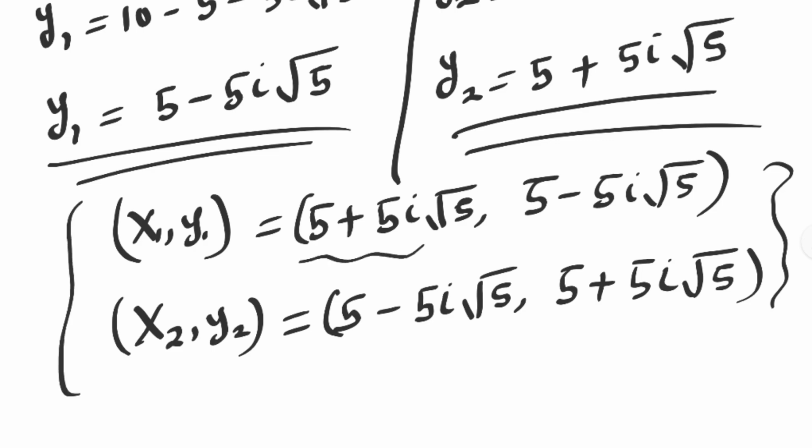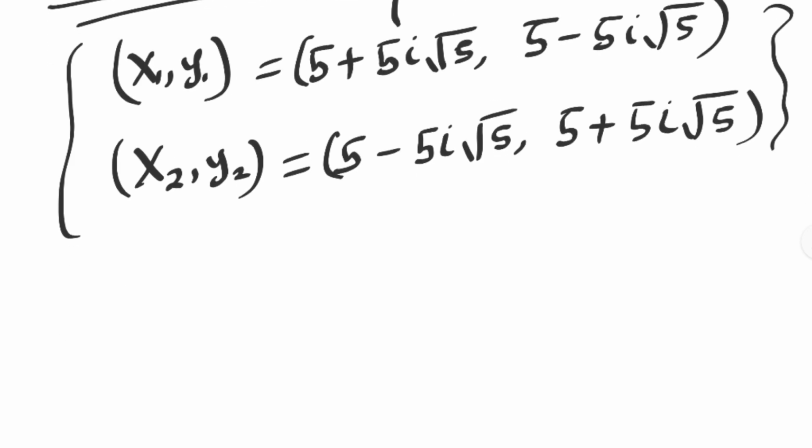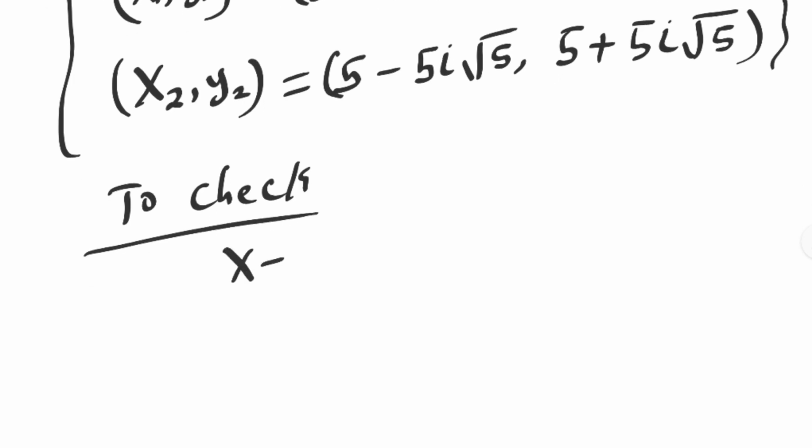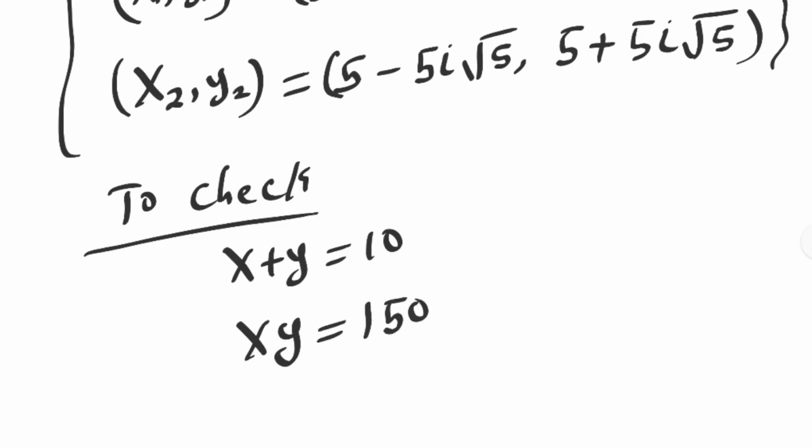You can see that the value of x1 here is equal to the value of y2 here, and the value of y1 is equal to the value of x2 here. We may check to confirm if this answer is right or wrong. Let's check. We have the given equation x plus y is equal to 10, xy is equal to 150.